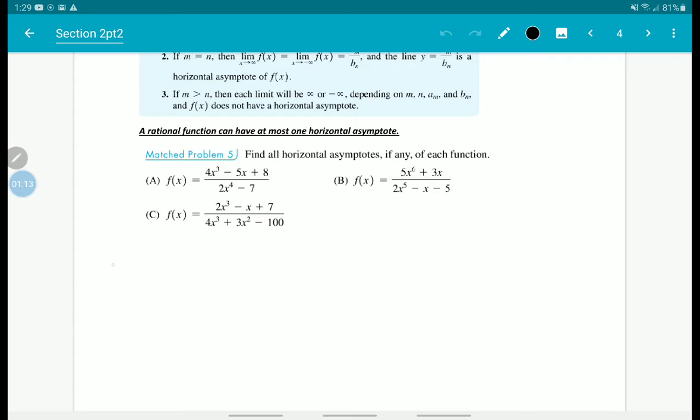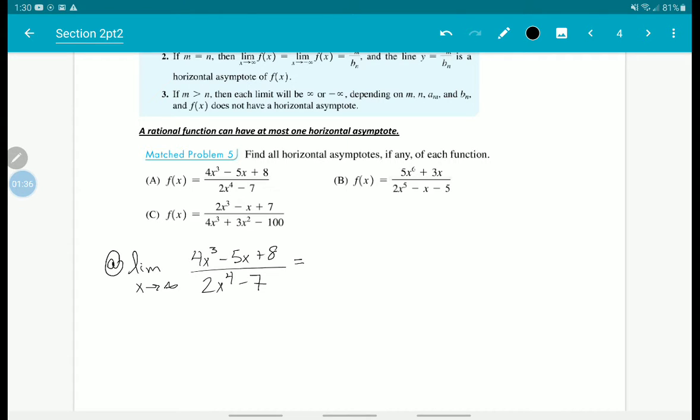So let's look at what's happening in A. We're going to take the limit as x approaches infinity of 4x cubed minus 5x plus 8 over 2x to the fourth minus 7. There's a couple of ways to think about this.